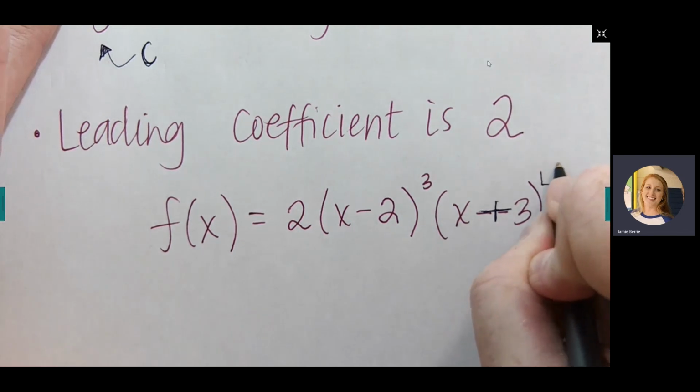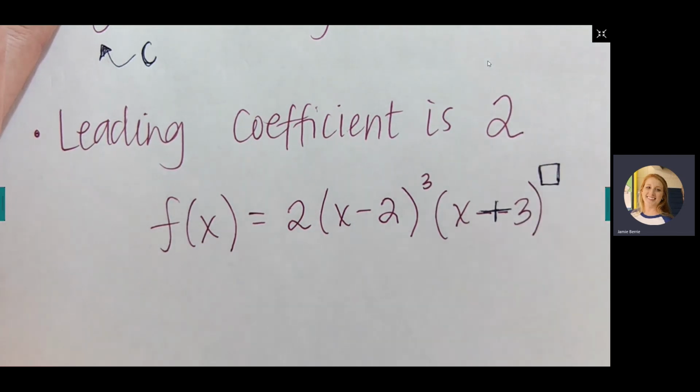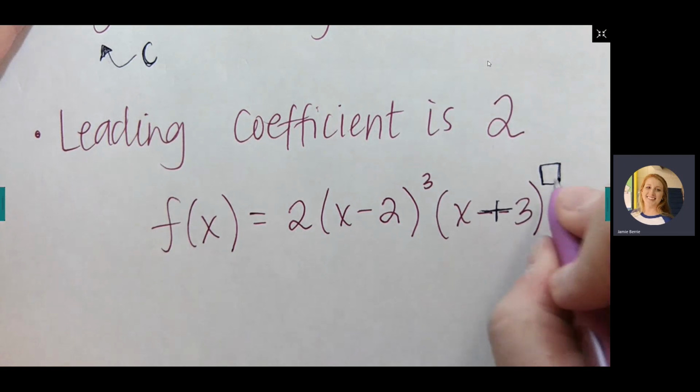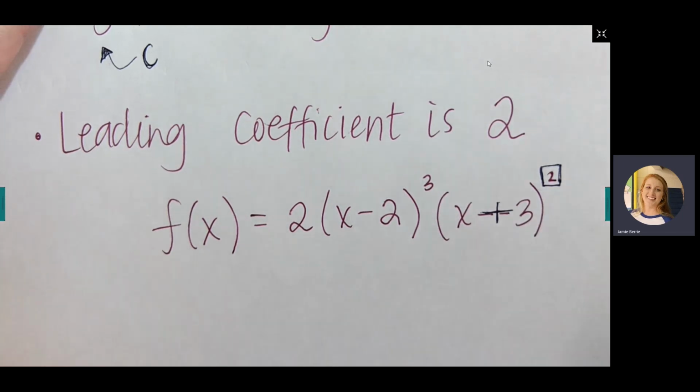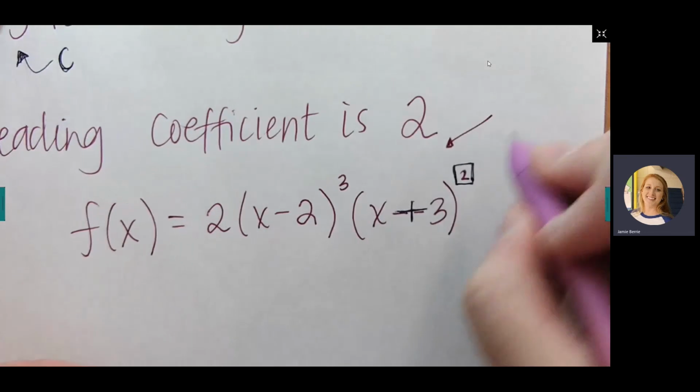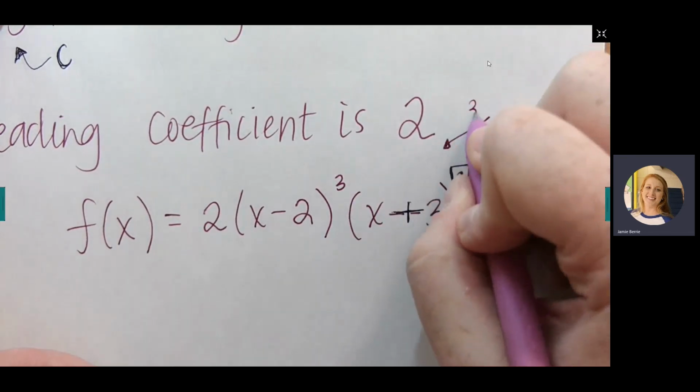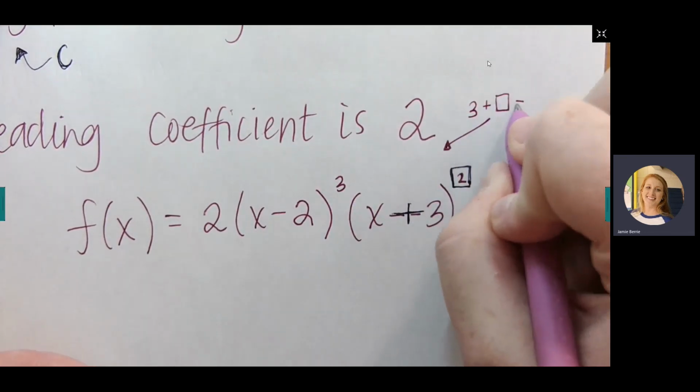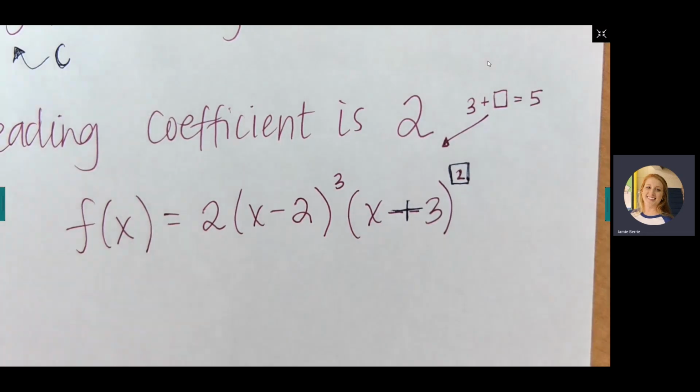So what should be the multiplicity here? 2. Yep. So I'll just write a little arrow here and write what I did. Whatever the multiplicity is there plus blank equals the degree, which was 5. And you just solve that equation from there. And then you're done. This is it.